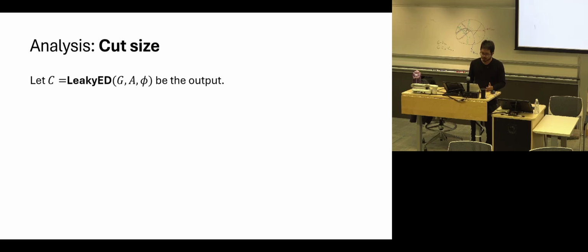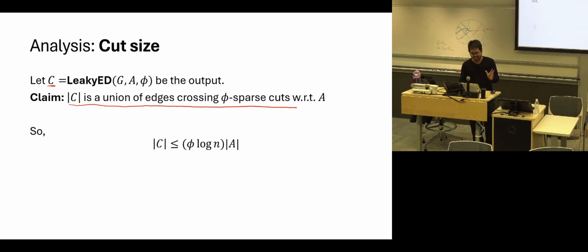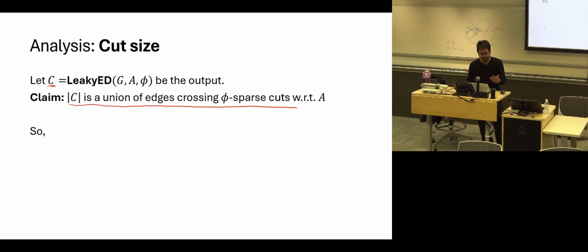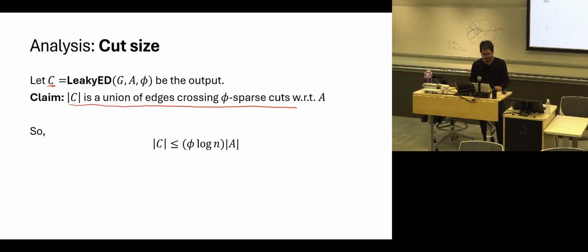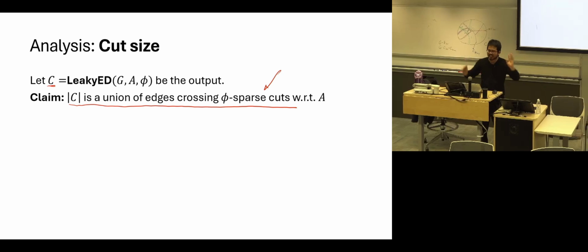The cut size, we know that our cut here is just a union of edges crossing sparse cuts. Previously we needed to prove something, but now this is trivial. If C is a union of edges crossing sparse cuts, this is trivial because C is just the cut crossing our balanced or expand subroutine, right?